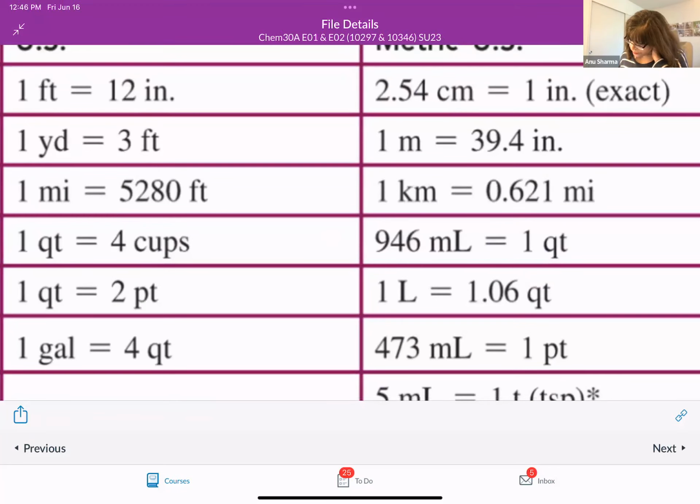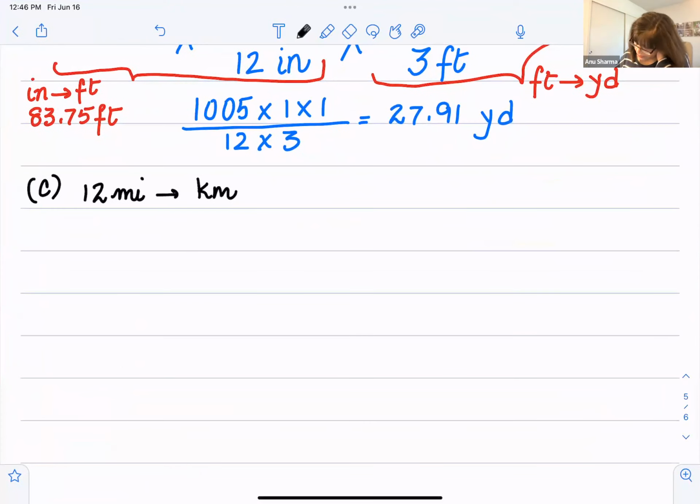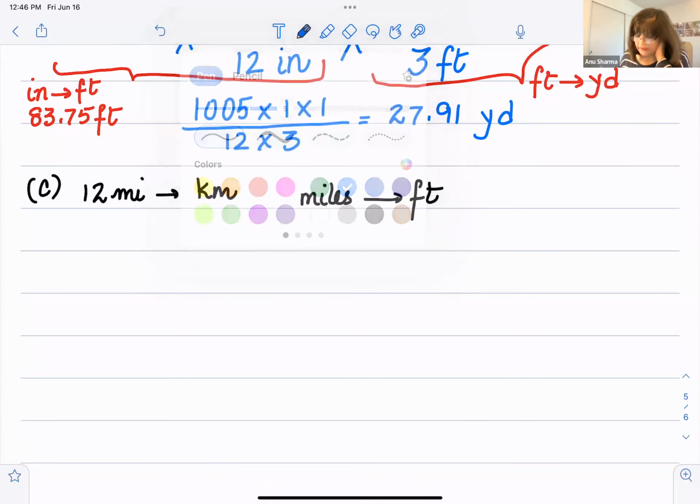Okay, miles to kilometers is already given, but I want you to do it in feet, miles to feet. Let's do that. Because a direct conversion exists, this problem should be a multi-step calculation.